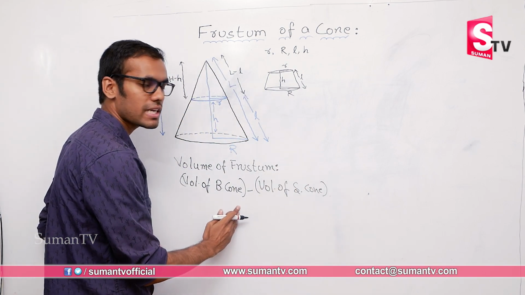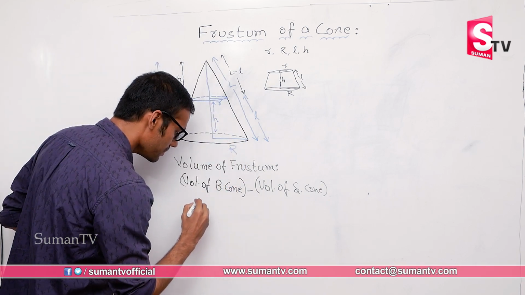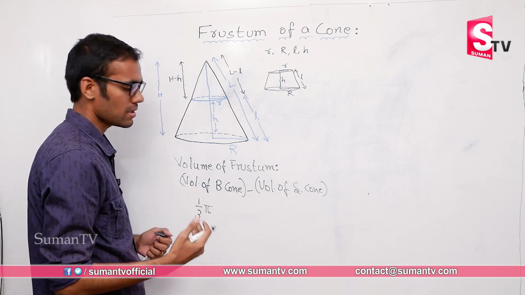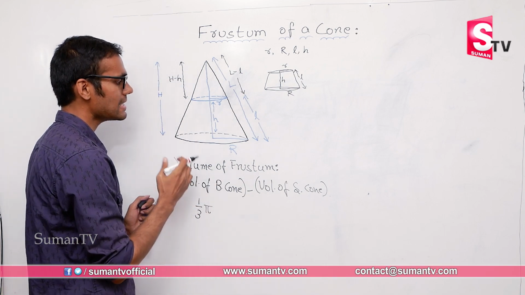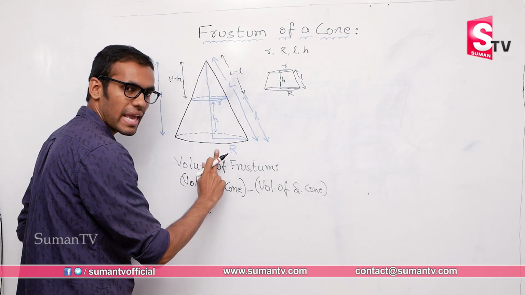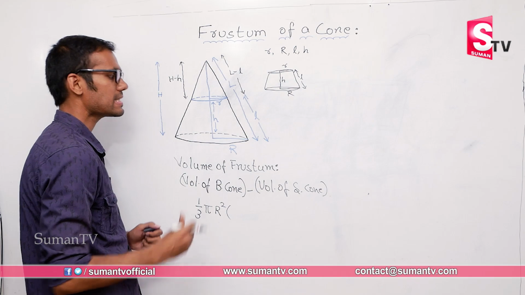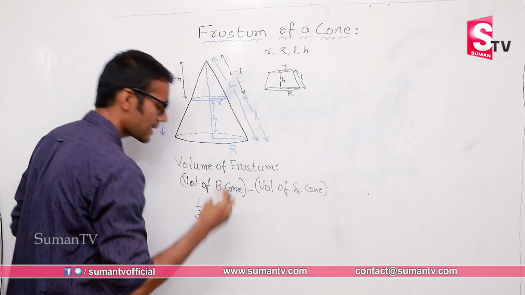Now what is the volume of the bigger cone? 1 by 3 pi r square h, where capital R is the radius of the base. And what is the height of the bigger cone? It is capital H.